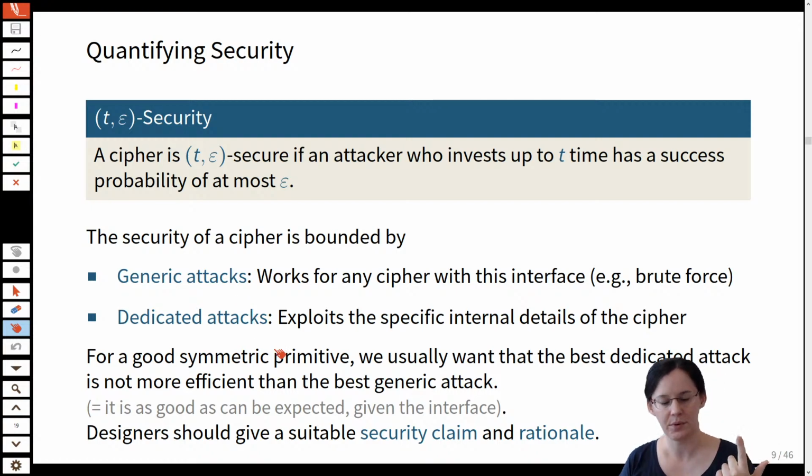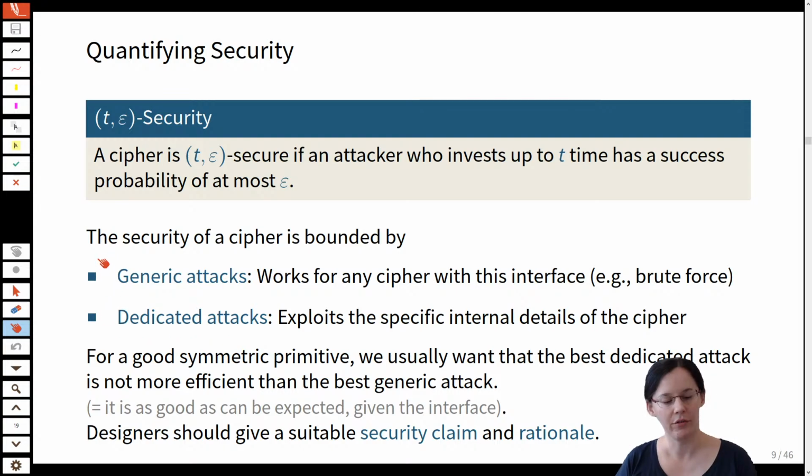And then they're supposed to write down in a so-called security claim what this generic security is, or what they claim it to be. And then they give a rationale, so an explanation and arguments why they think that dedicated attacks are no better than generic attacks for this cipher. So that's the big goal.